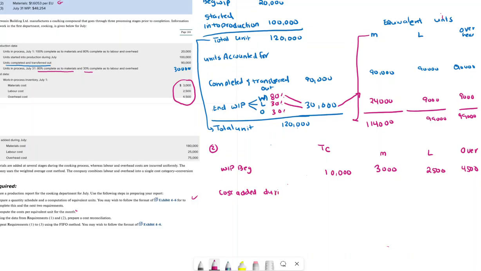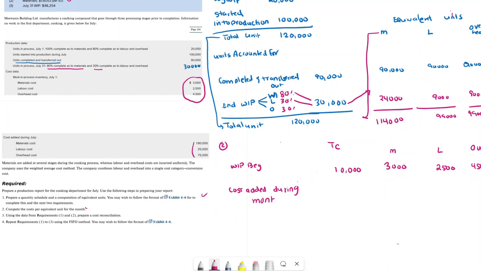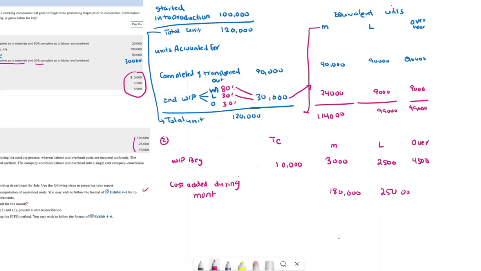Cost added during the month, whatever period we're doing this schedule for. They told us the cost added in the month of July, with different costs. Material is 180,000, this is your 25,000, and here we have 75,000.